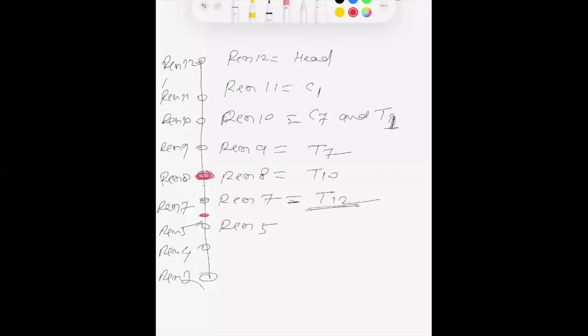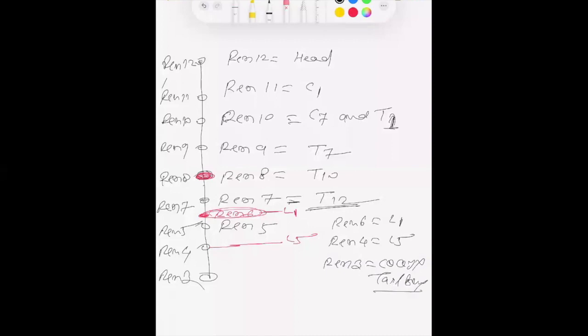At the location of REN 6, our lumbar 1 starts, and at the location of REN 4, the lumbar ends. REN 6 is L1, REN 4 is lumbar 5, and REN 3 is the coccyx or tailbone. So this is the summary of the central line.